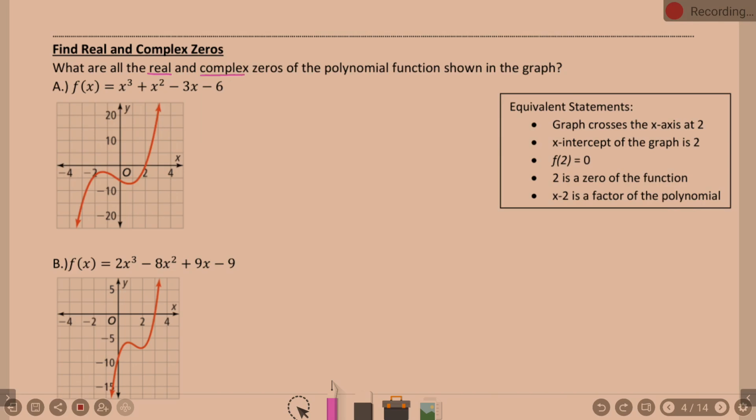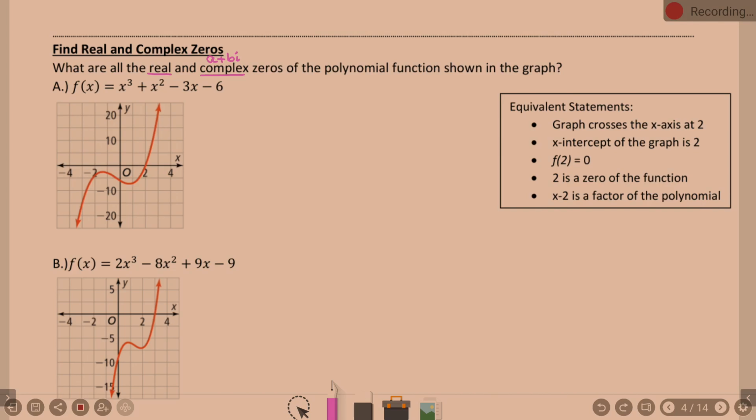Real, like if we go back to the last example we just did, real was the 1 and the negative 2, yes? Remember, complex is the fancy number for the imaginary because complex is the form a plus bi. And so they're saying they want to know all the real and imaginary zeros.